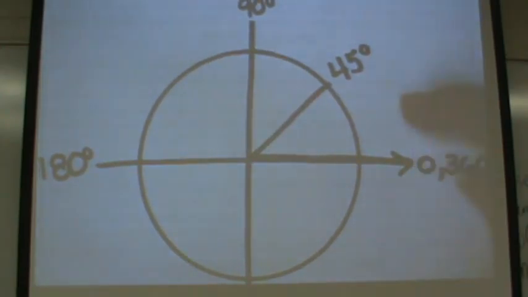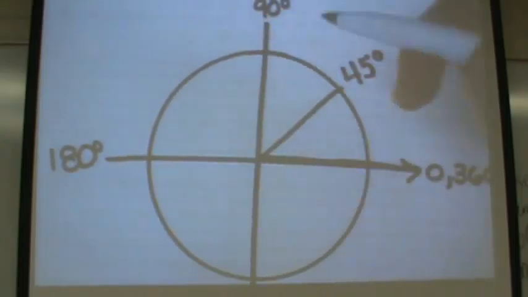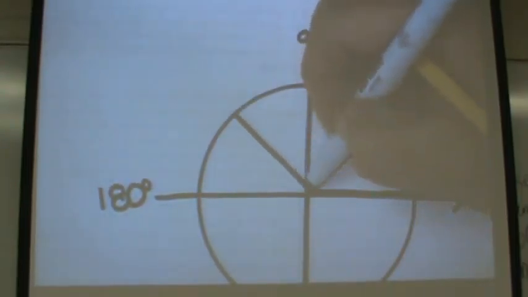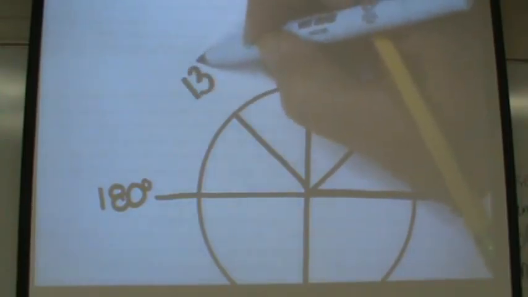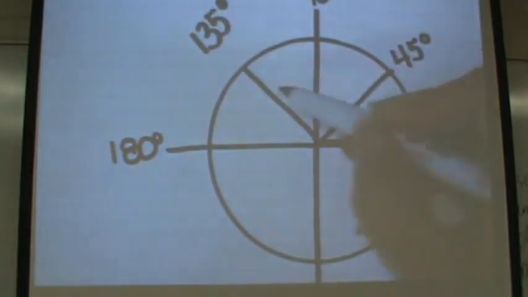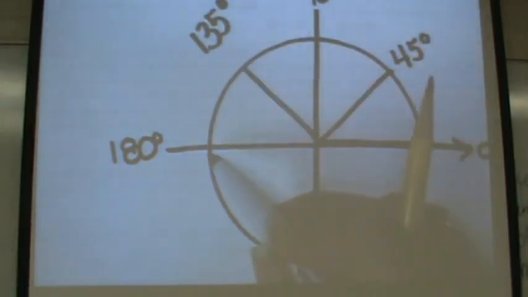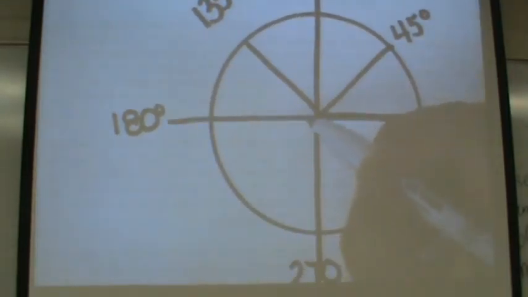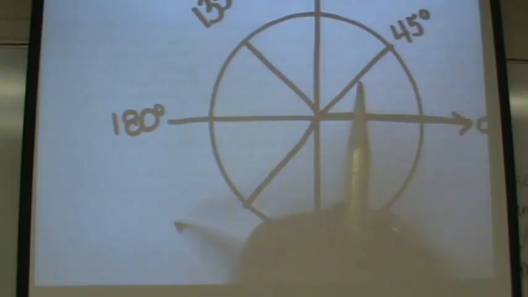Let's go all the way around and count by 45. So 0 plus 45, that's our 45. Add 45, you get 90. What's 90 plus 45? 135. Add 45 to 135, you should have 180. Add 45 to 180, what do you get? 225.